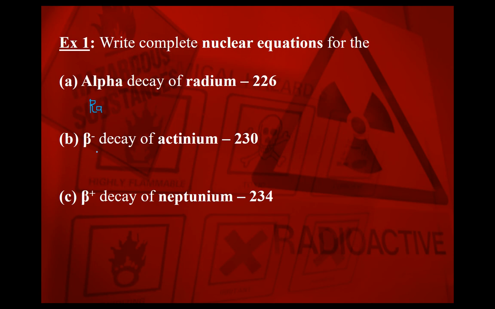Oh, here it is. Radium has an atomic number of 88, so it's got 88 protons, and the nucleon number is 226. It's going to spontaneously decay. Again, this nucleus is unstable just because there are so many protons in it. So it's going to undergo alpha decay. Alpha decay involves the emission of an alpha particle, which is 4,2He.